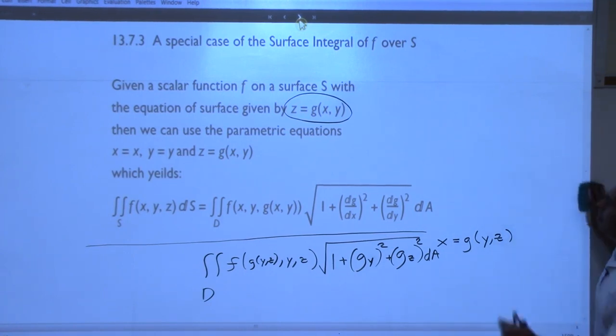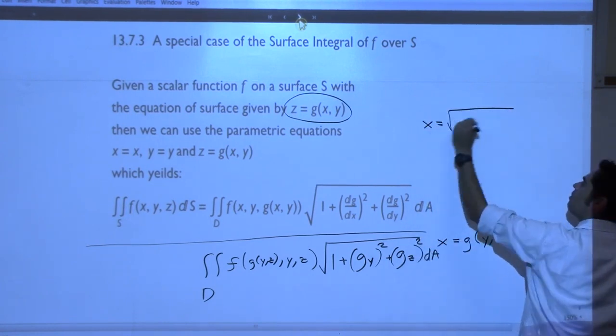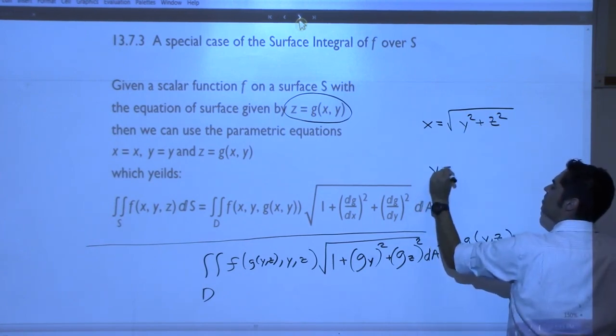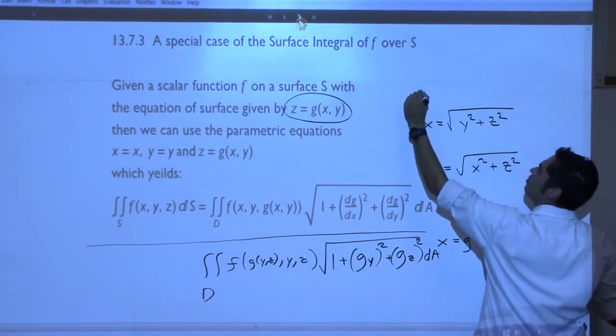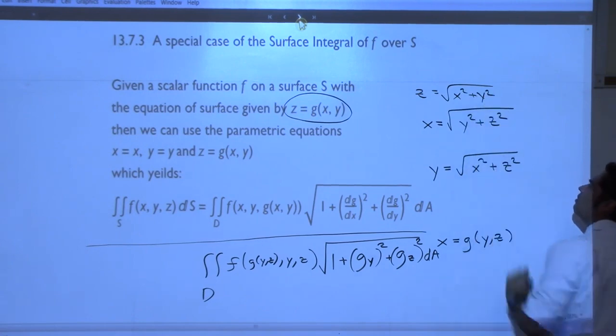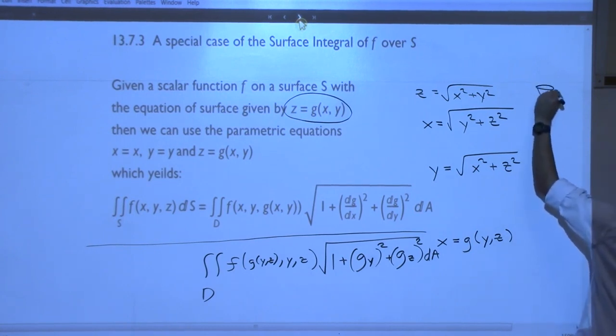I'll give you two examples of those two cases. If you write x is equal to square root of y squared plus z squared, or you write y is equal to square root of x squared plus z squared, and let me put the first one up here. z is equal to square root of x squared plus y squared. The difference between all those is just the direction in which the cone opens, right? This cone goes up like this.